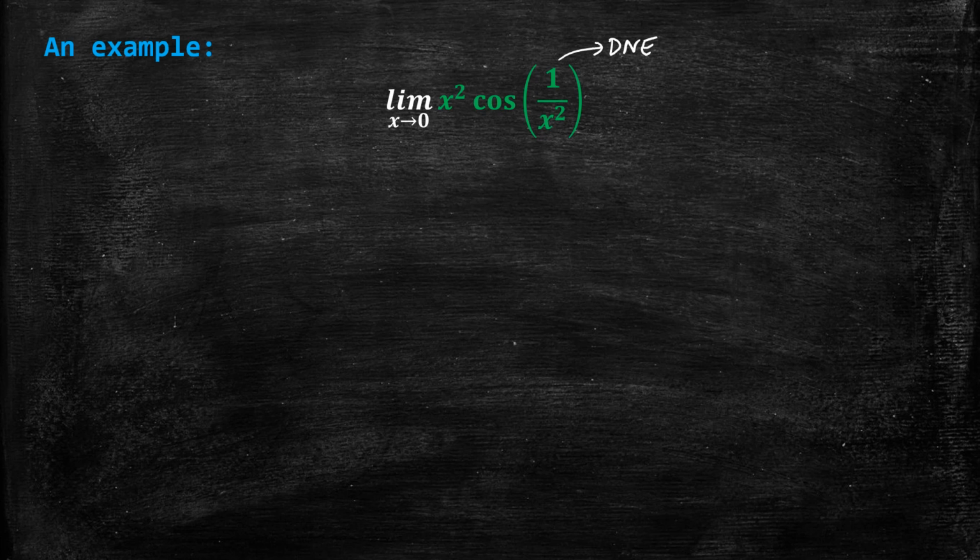And I hope you can also see that there are no algebraic methods we could apply. We can't factor, we can't rationalize, we can't simplify fractions. So this is where the Squeeze theorem comes in handy.